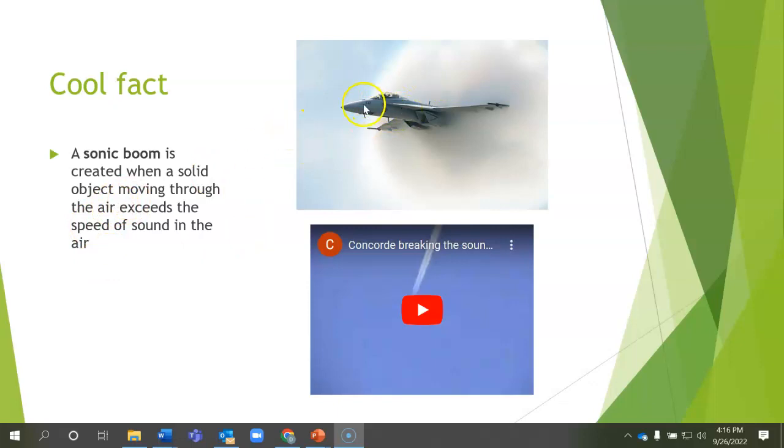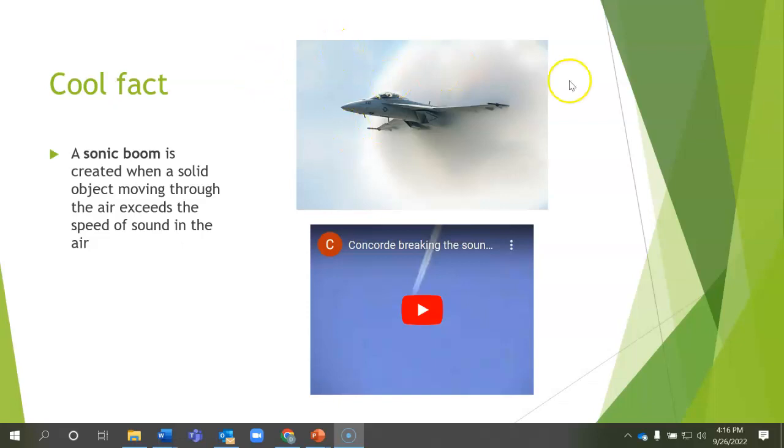So this jet, and these are typically not jets that you fly in for entertainment purposes, they're generally ones that are used in military operations, but they often fly faster than the speed of sound.